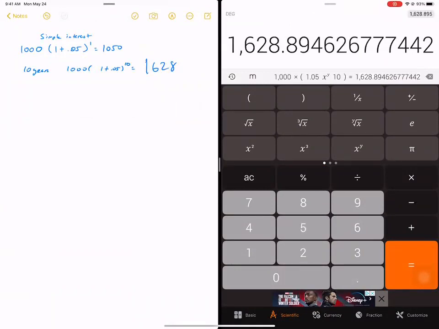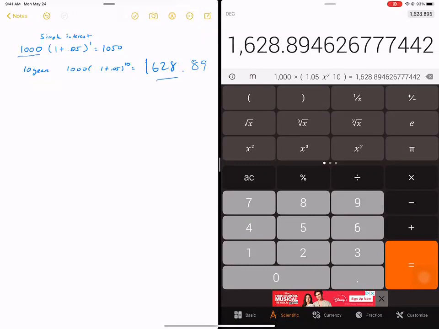So we're making money off our money, and this extra $628.89 came from nowhere. What? It came from me building off my principal, my original amount. Principal is a word for the original amount, plus the interest I made at every year along the way.